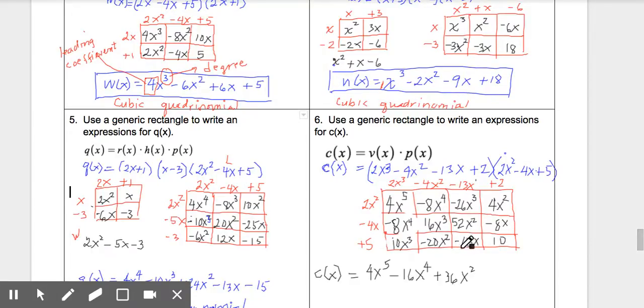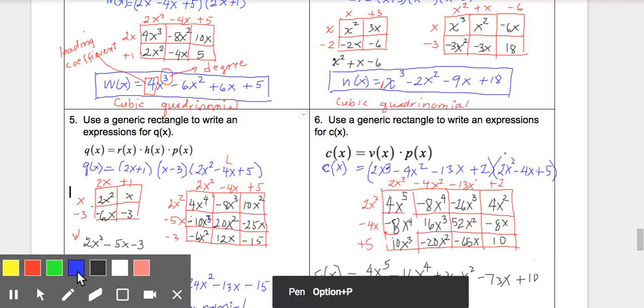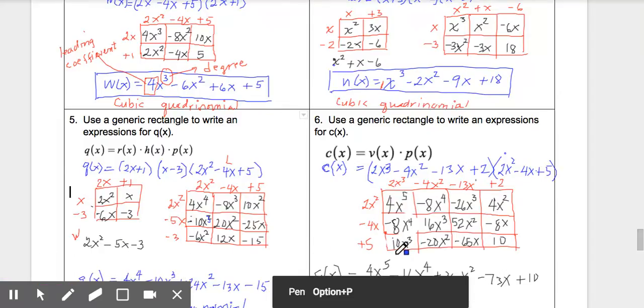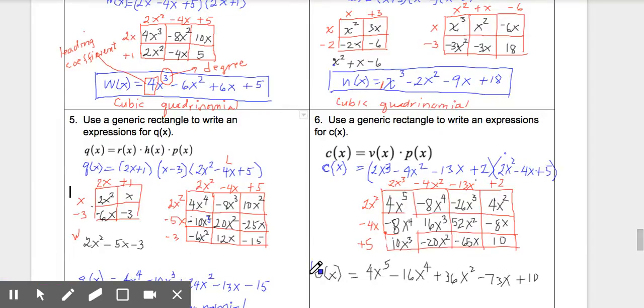Now the x terms are both negative, so we add them up. That's going to give us negative 73x. And then lastly, we'll have the constant term 10. This is c of x.